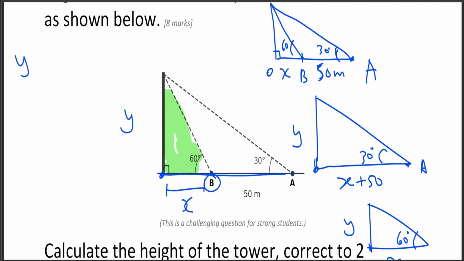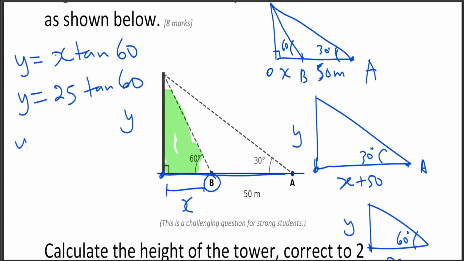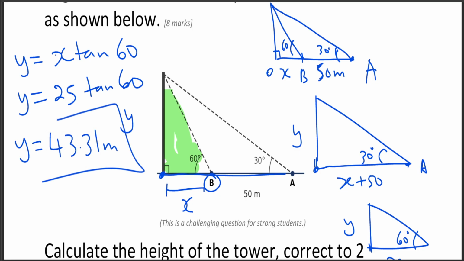X tayari tushapata, so y is equal to x yetu ni 25 times tan 60. Y is equal to 25 times tan 60, you're going to get 43.31. And that is now the answer. So hii ndo answer yenyewe.